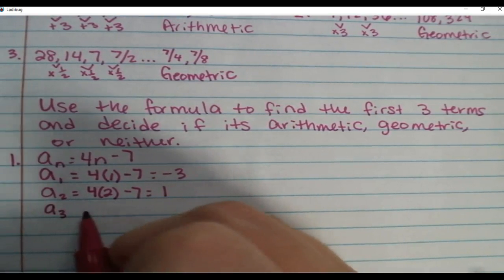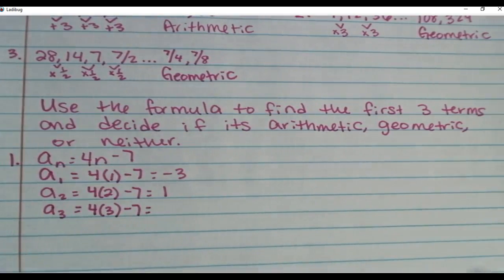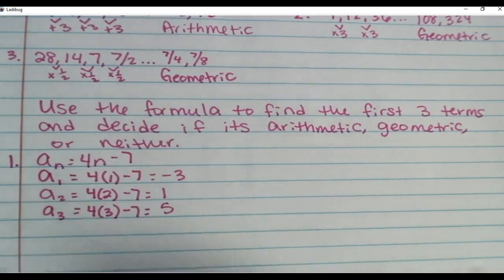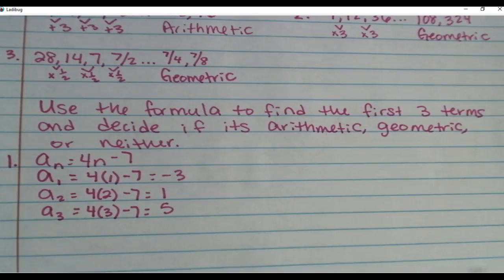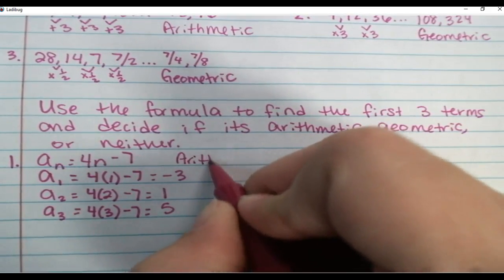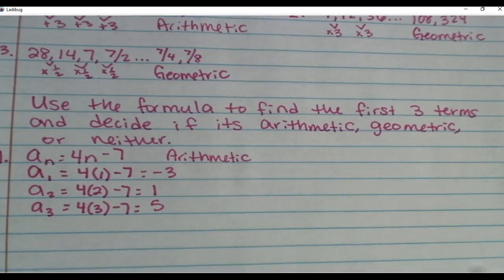And then we want the third term, so a sub 3, 4 times 3 minus 7 is what? Good. 5. So we've got negative 3, 1, and 5. So what's happening each time? So it's adding 4 each time. Good. So is it arithmetic or geometric? Good. Any questions on that?